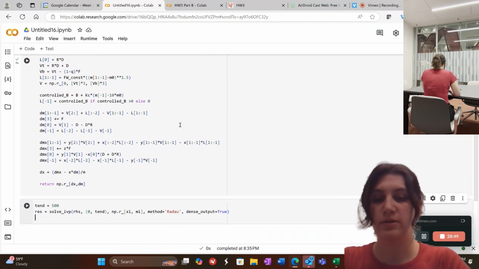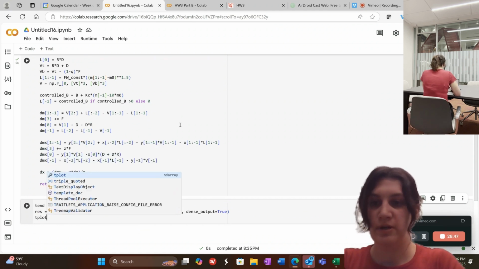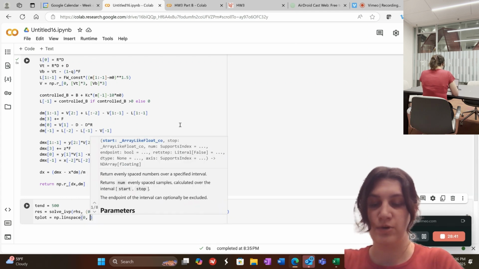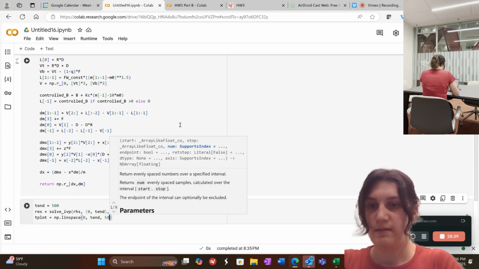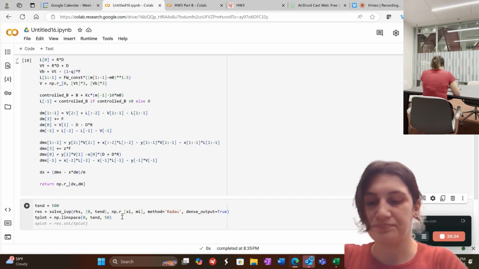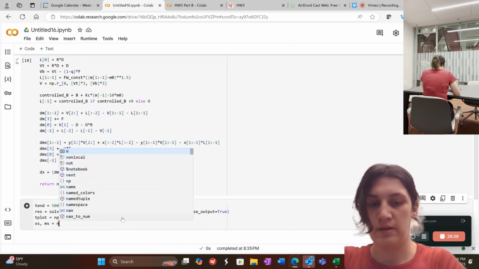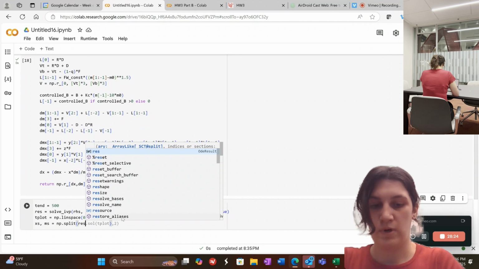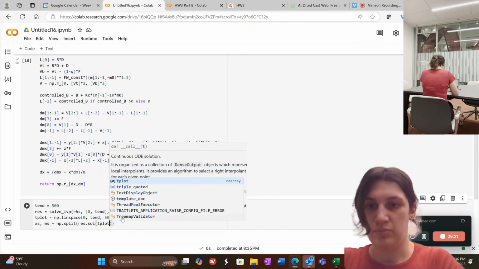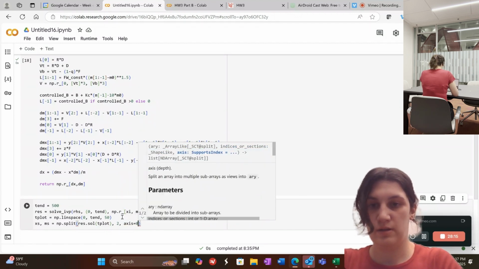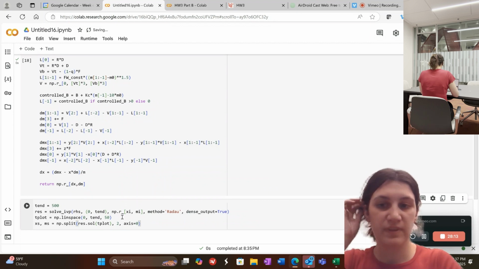Now to plot, we can say that tplot is equal to np.linspace. That's going to go 0 to tn, 50, and then xs, ms is equal to np.split of res.sol of tplot, splitting it into 2, and we want to cut it on axis 0.